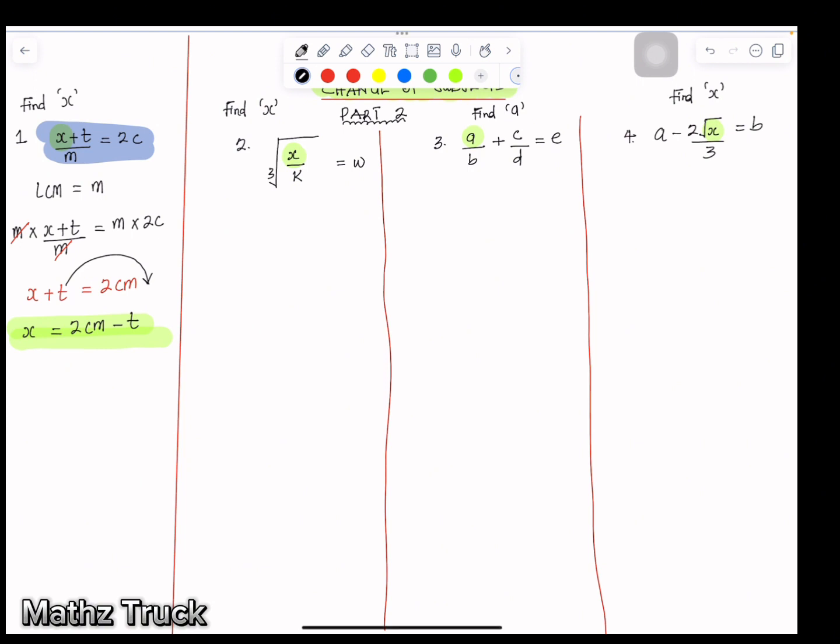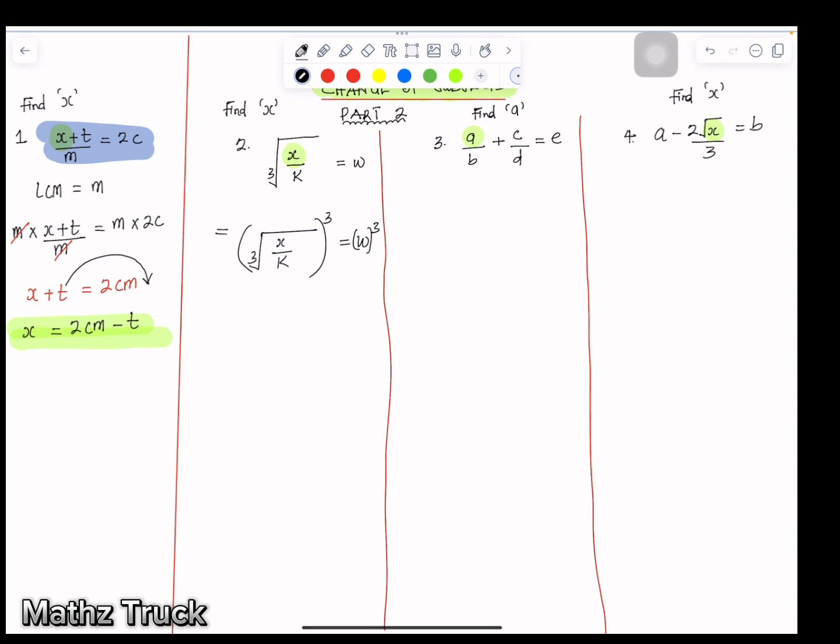So the expression is now going to be, you have to write it in this format. We have the cube root of x over k, all cubed, equals w cubed.